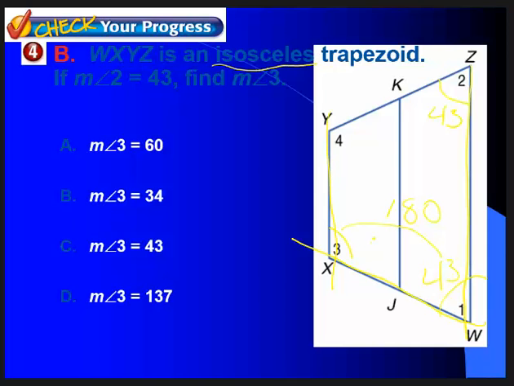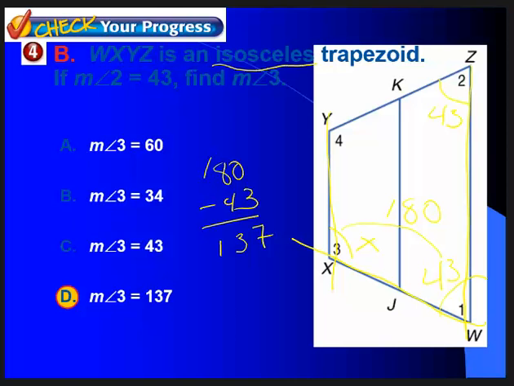So what is my missing number going to be? What can I add to 43 to make 180? 137. All right, so that's it for trapezoid.